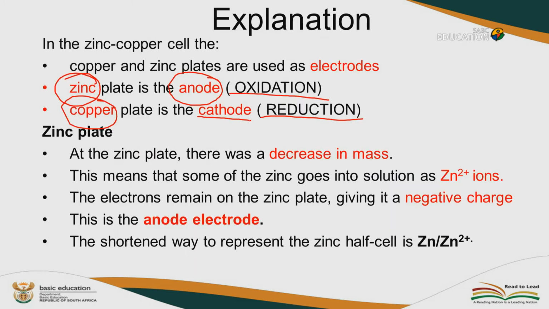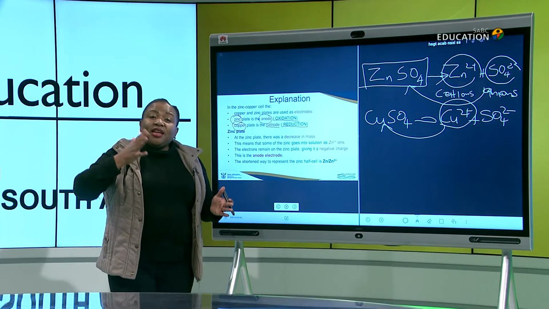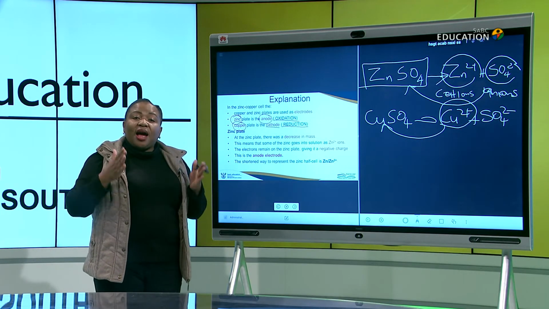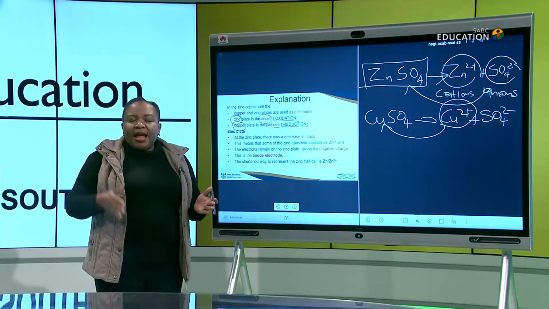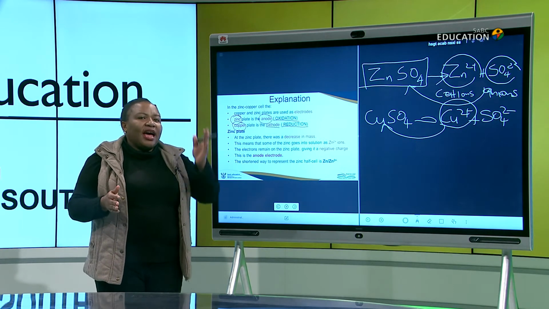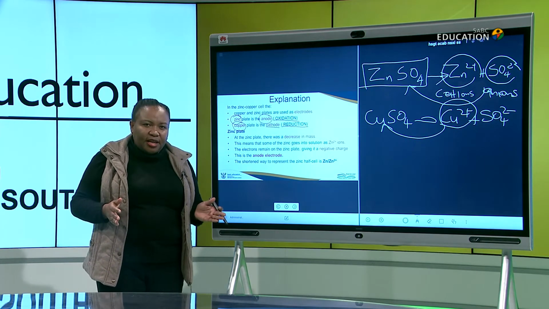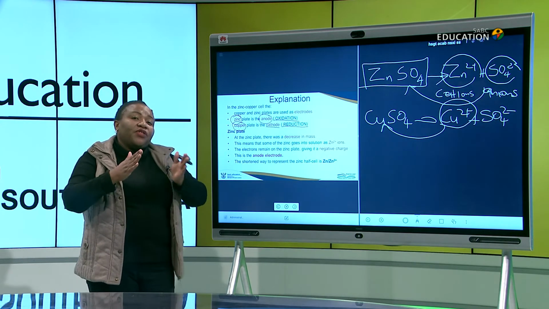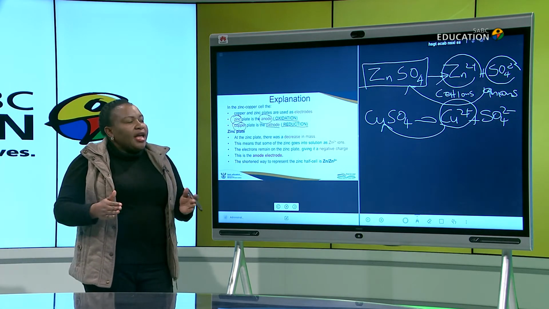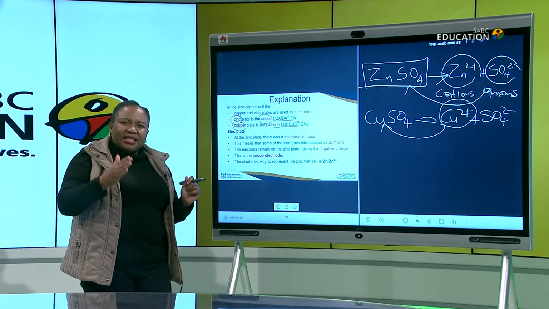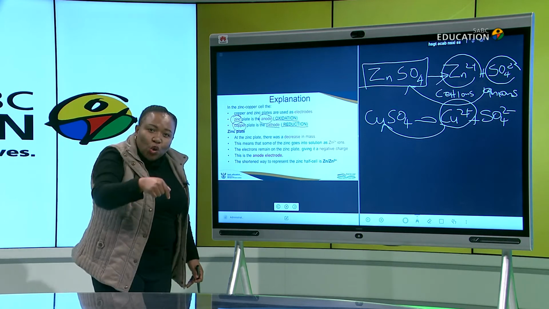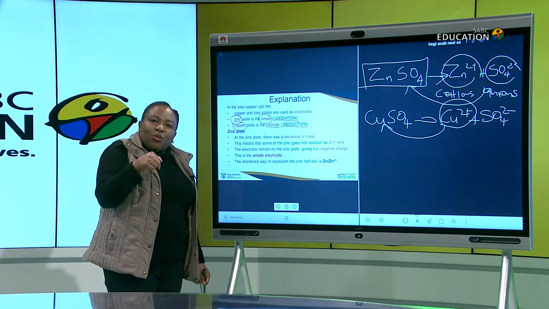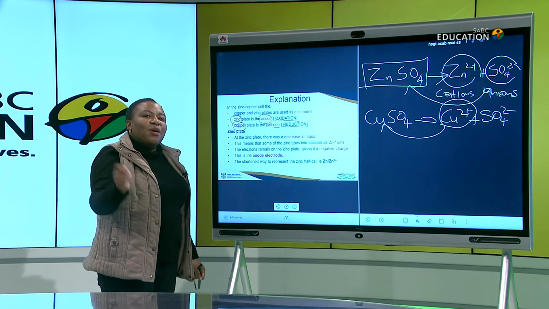Please, learners, do not confuse the electrodes and the agents, because the electrodes are the metals responsible in those half cells for electron transfer, one losing electrons and the other making sure those electrons are transferred to the other side. The electrodes are not like agents. In this example, zinc is the one that loses electrons, but copper is not the one that will gain those electrons. Copper makes it possible for those electrons to be transferred so that they are able to be gained.